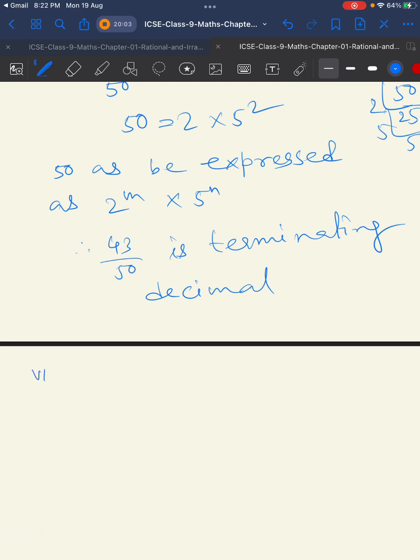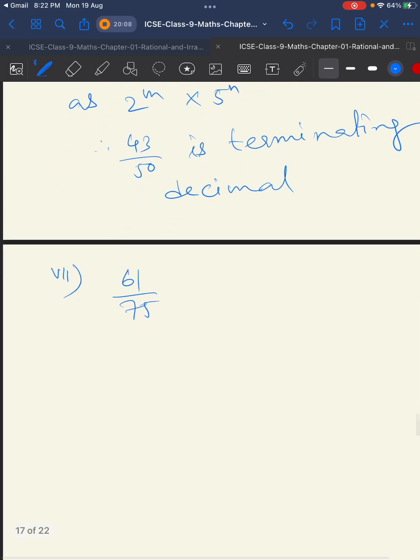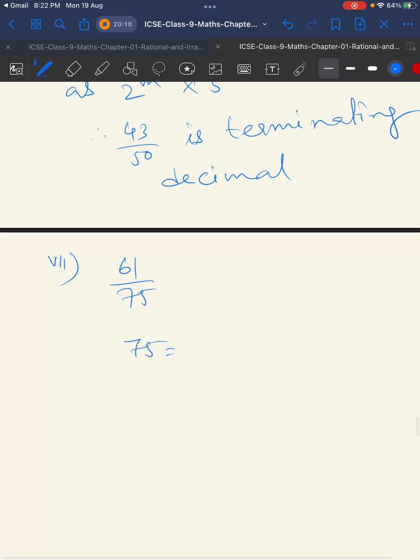Question number 6 is similar. So now we will solve question number 7, 61 by 75. The factors of 75: 5 fifteens are 75, 5 threes are 15, so 5 squared into 3.